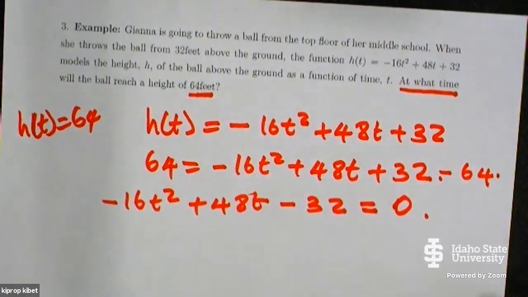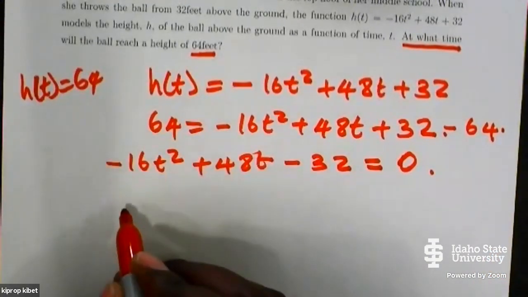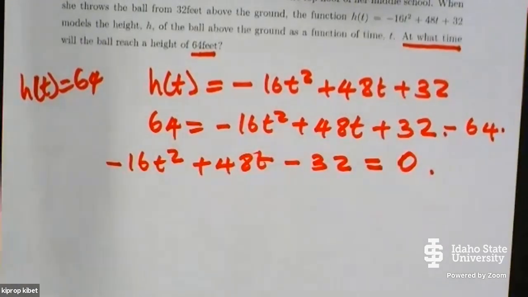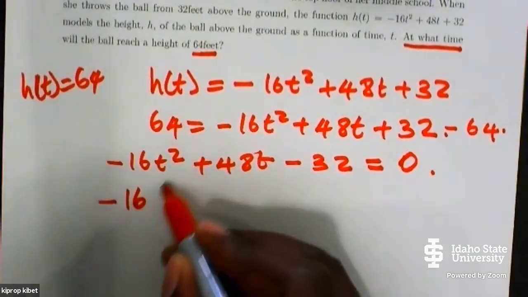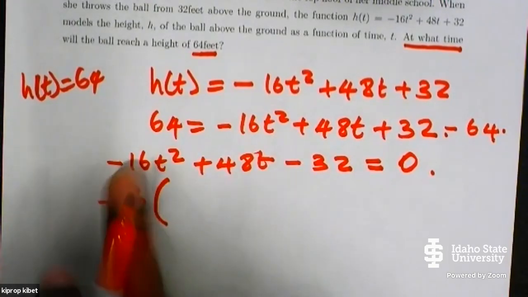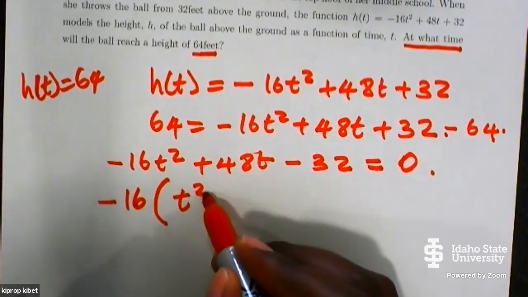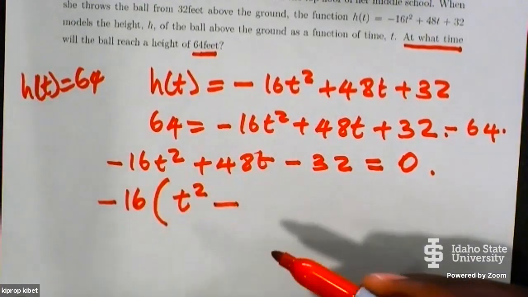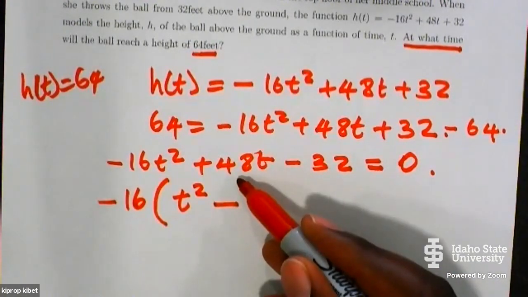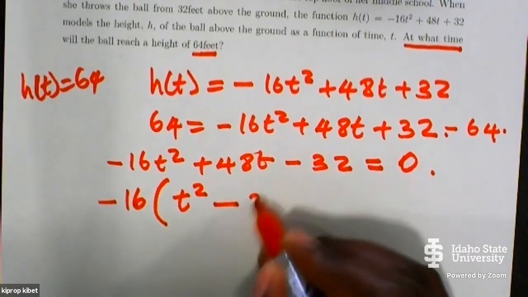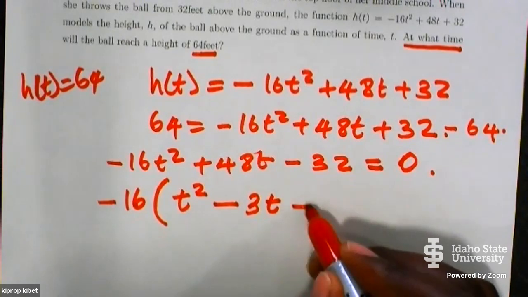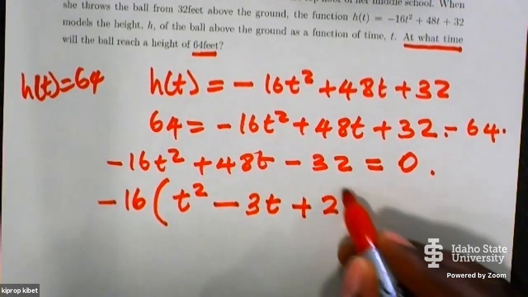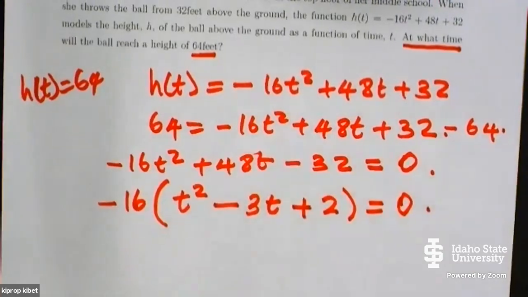So you can factor out minus 16 there. So when you factor out minus 16, it gives here t² minus 3t, right? And then plus 2 equals to 0.